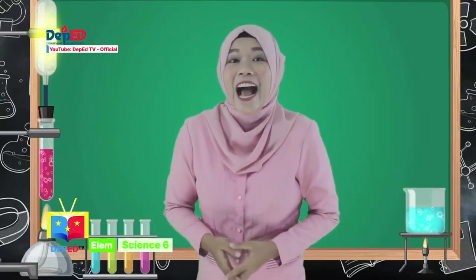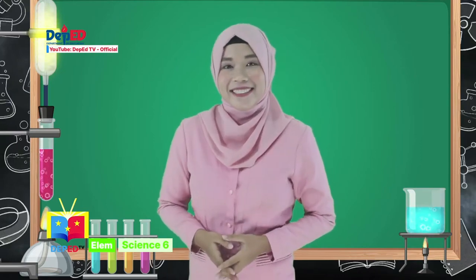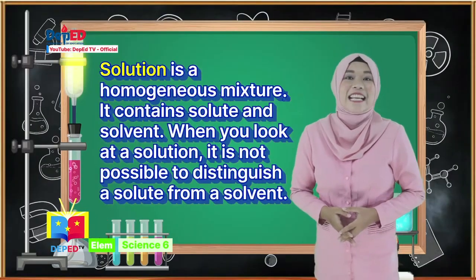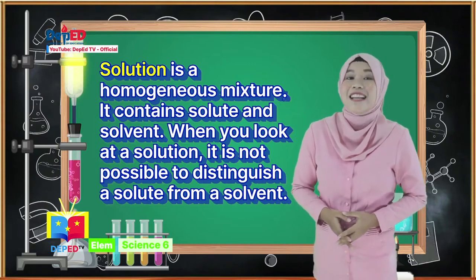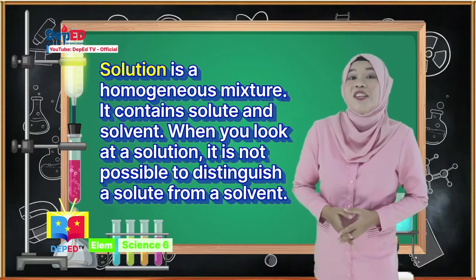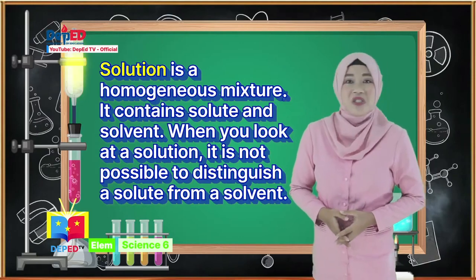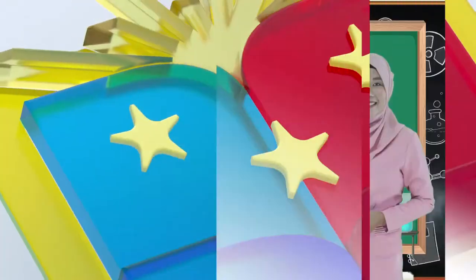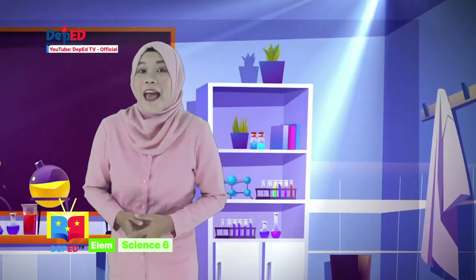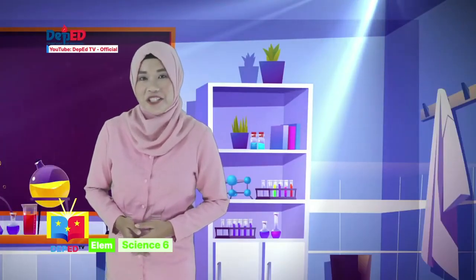Now, my dear science-minded learners, how do you describe solution? Remember, solution is a homogeneous mixture. It contains solute and solvent. When you look at solution, it is not possible to distinguish a solute from a solvent. Nowadays, we have created a lot of mixtures.